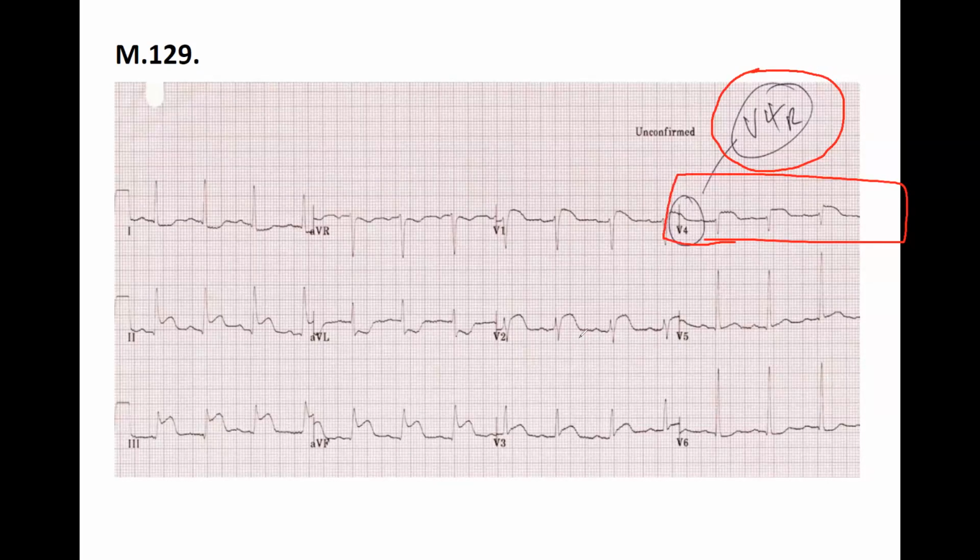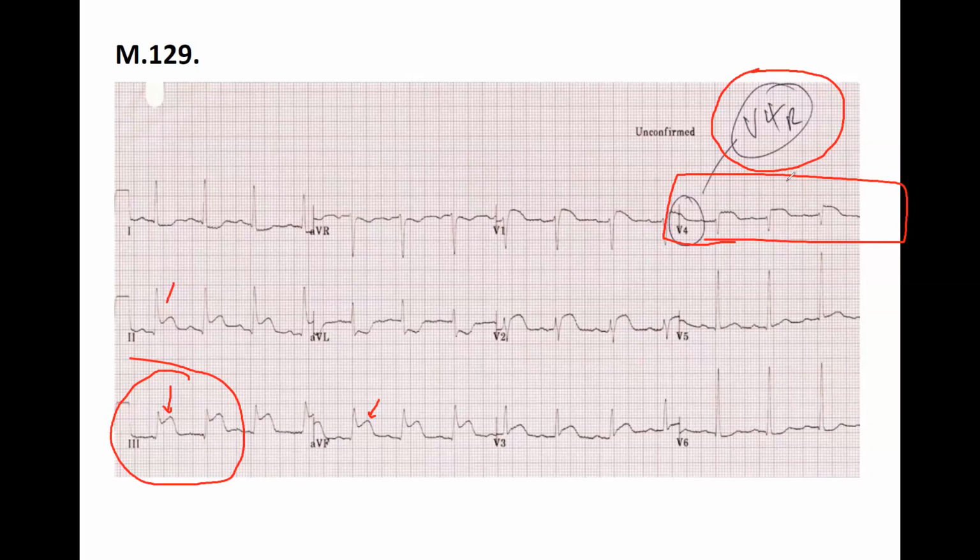So what can you see here? We do have ST elevation in lead 2, lead 3, and aVF. Which ST elevation is the biggest? Lead number 3. It looks like you have an inferior STEMI, but because lead number 3 has the biggest ST elevation, you have to think about a right ventricular ischemia or infarction.